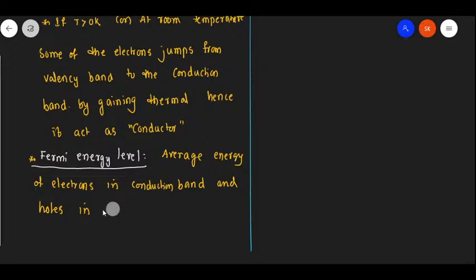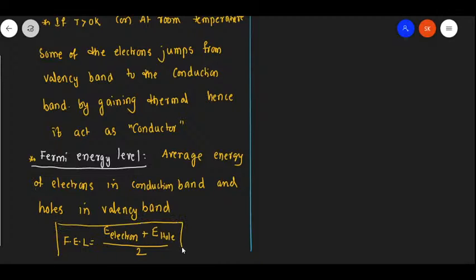Sorry, the electrons are present in the conduction band, and holes are present in the valency band. I will explain with the diagram. Fermi energy level is the energy of electrons in the conduction band plus the energy of holes in the valency band, divided by 2. This average energy level is called the Fermi energy level.